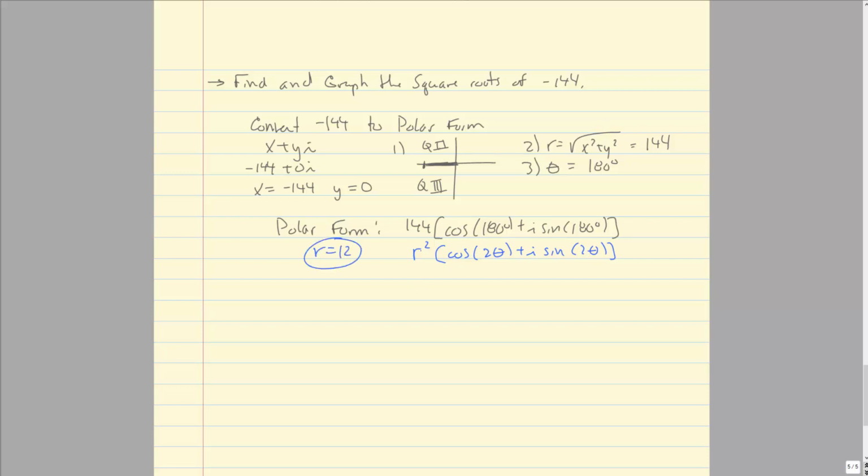We can see that right now because we have 12 squared. So cosine of 2 theta is cosine of 180. So 2 theta equals 180 degrees. And this is going to happen every 360 degrees around the unit circle. So 180 divided by 2 is 90 plus 180 degrees k.